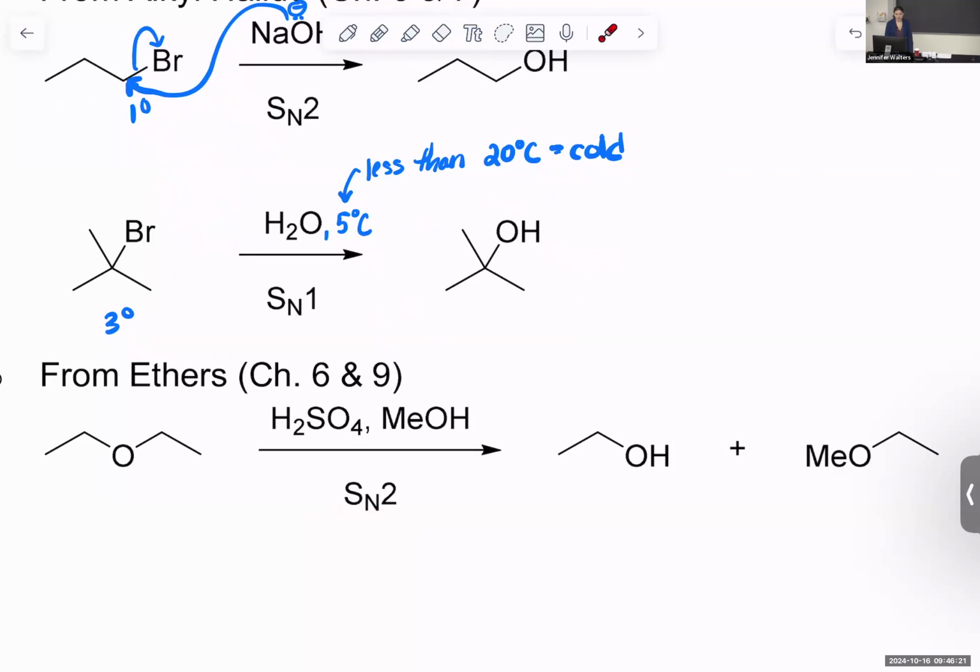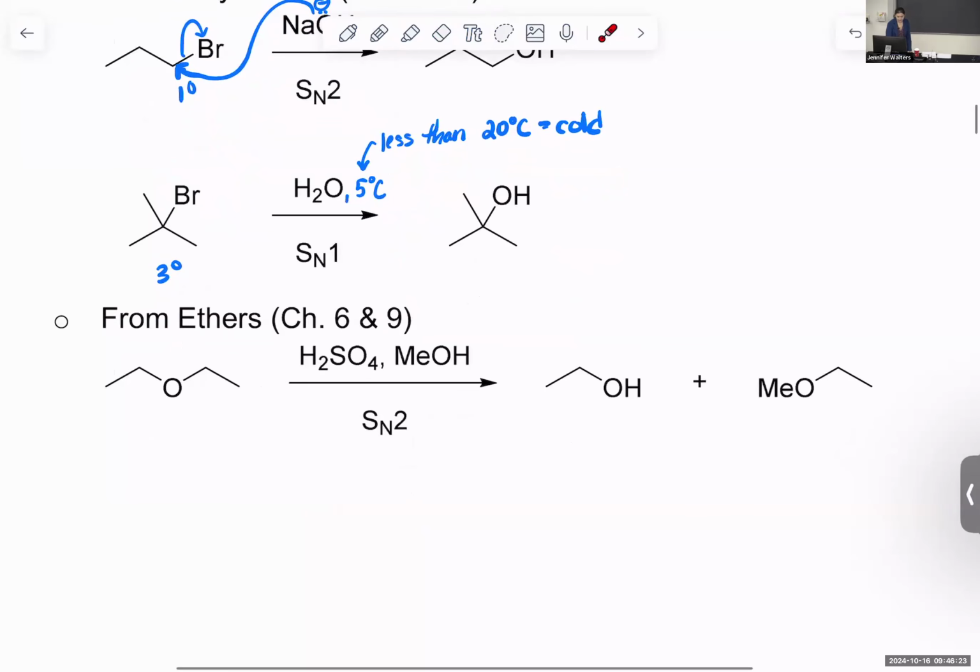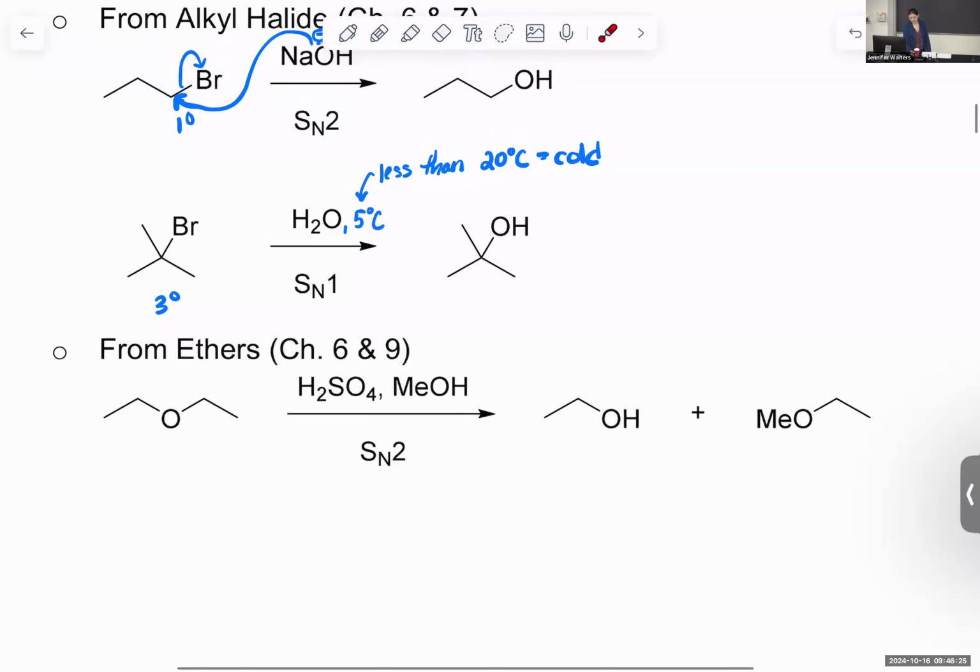I'll give you like a minute. Try to draw out your mechanism. Keep in mind what each of the reagents are that you have, and also think about where you're trying to go. So think about what bonds you need to form, what bonds you need to break.